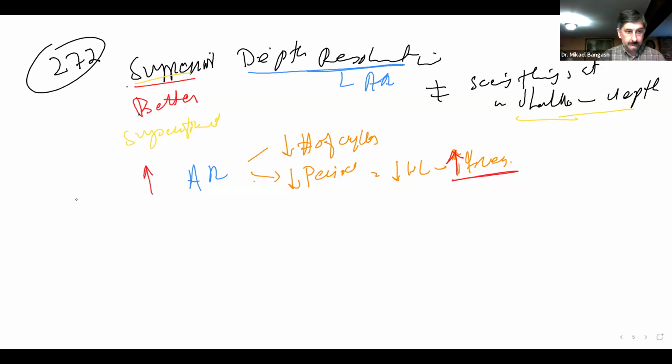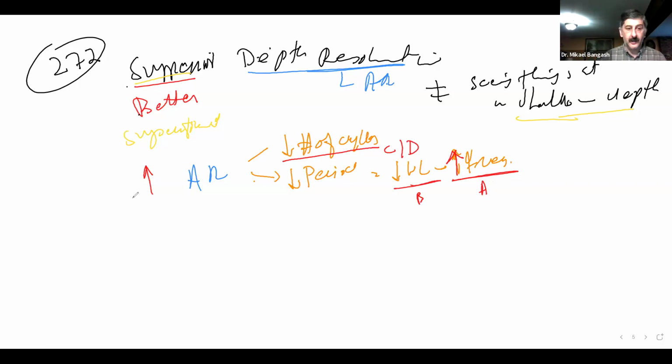Shorter wavelength, that's what we have here. Fewer cycles per pulse, that's what we have here. And less ringing, that's what we mainly just meant by fewer cycles per pulse.